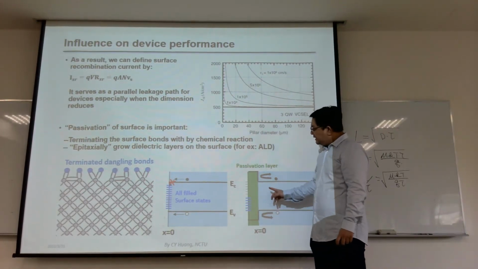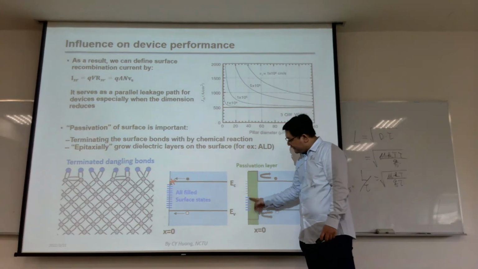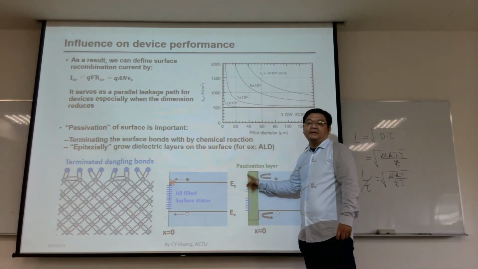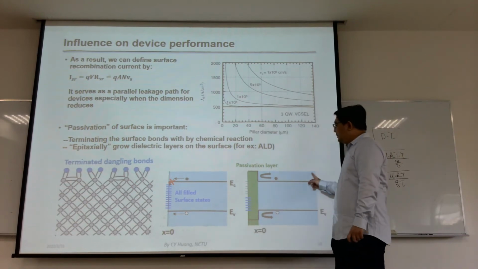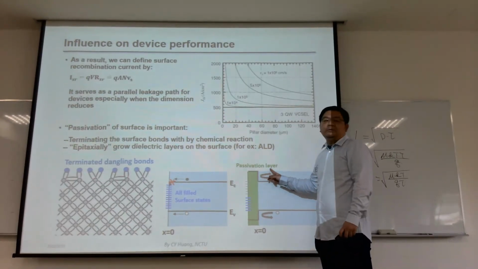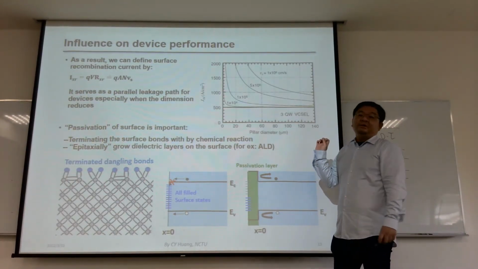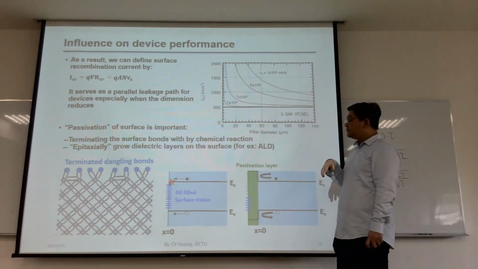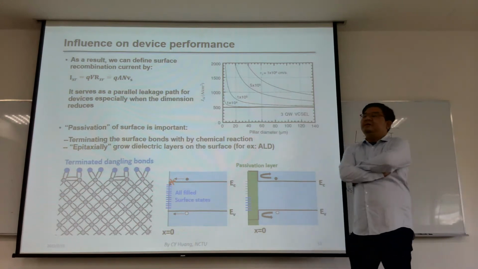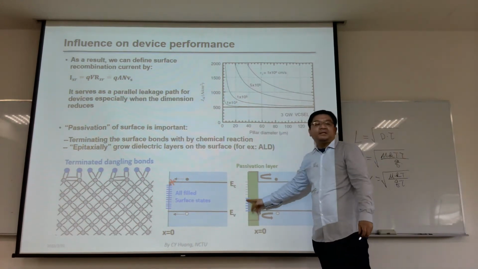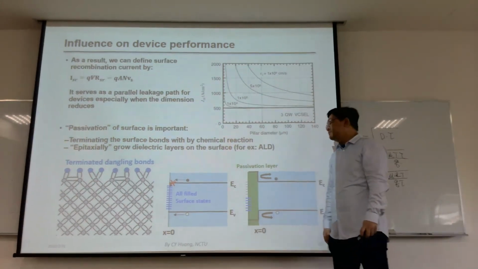Although your new surface still has surface states, since your layer has a higher band gap, the carrier has a much lower probability to meet the surface states.